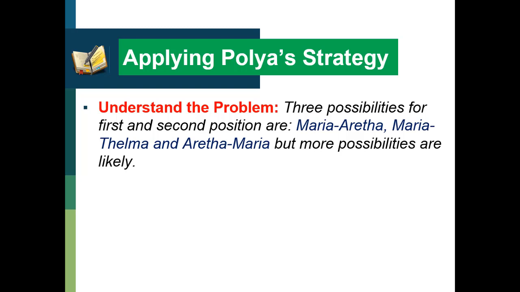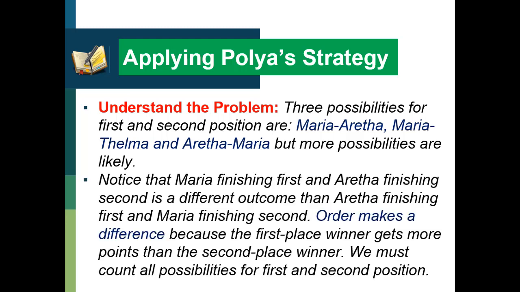But these are not the only possibilities. There are more possibilities. Now, notice that Maria finishing first and Aretha finishing second is a different outcome than Aretha finishing first and Maria finishing second, because order makes a difference in this question.